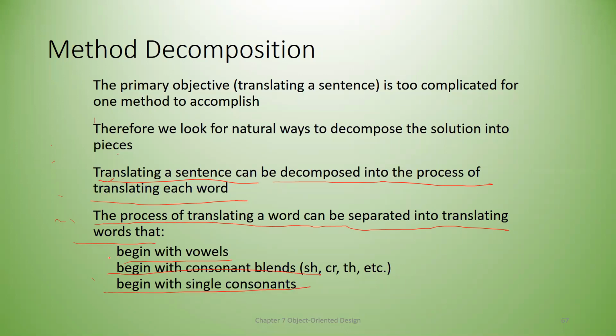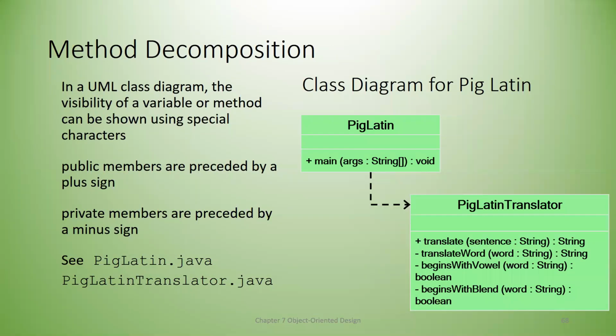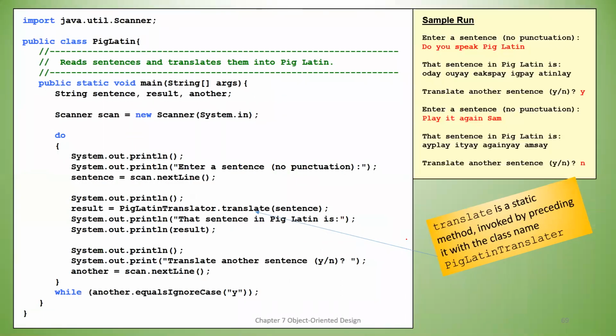Those are three logical tasks also. This is the method decomposition. You break it piece by piece until you can easily accomplish it with a single method. This is the uses relationship, and a plus sign means public, a negative sign means private. That's the UML.